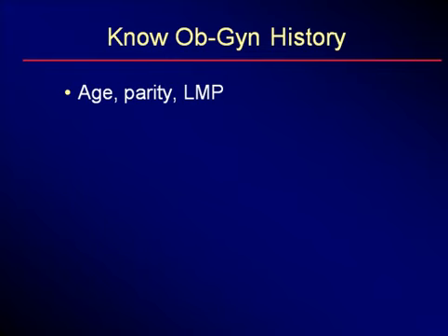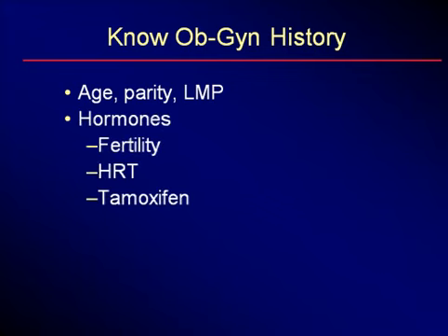First of all, know the OBGYN history. It's very important, especially in gynecologic and obstetrical history, to know the age of the patient, to know the parity of the patient, the date of the last menstrual period, the hormonal status of the patient.